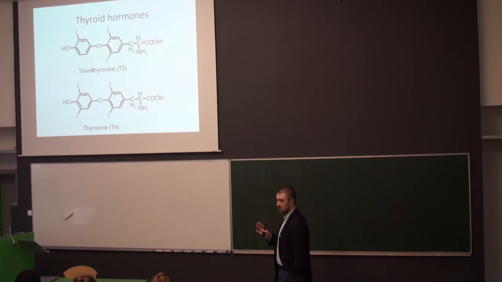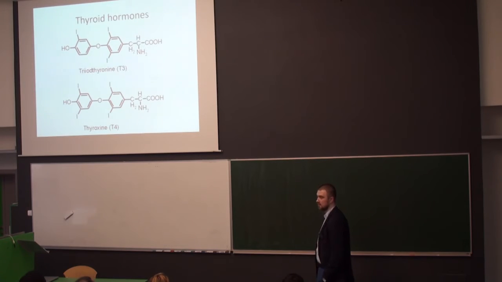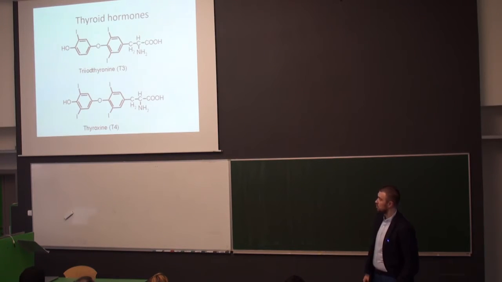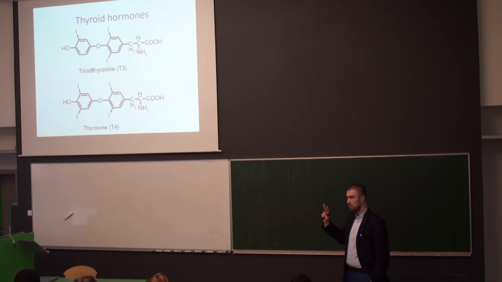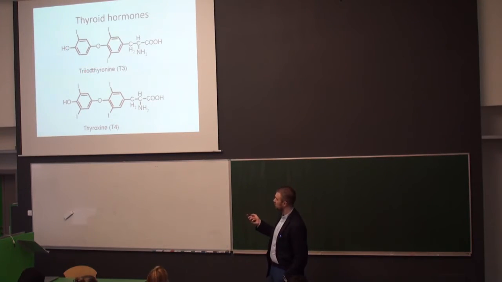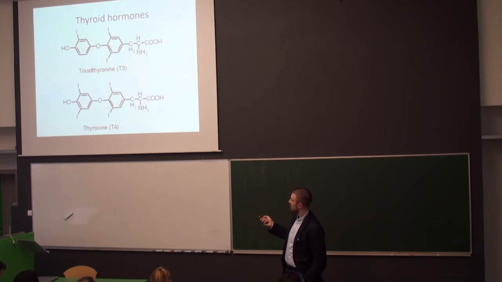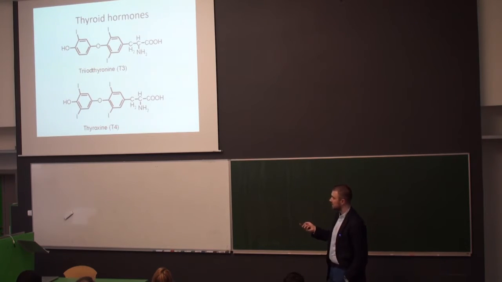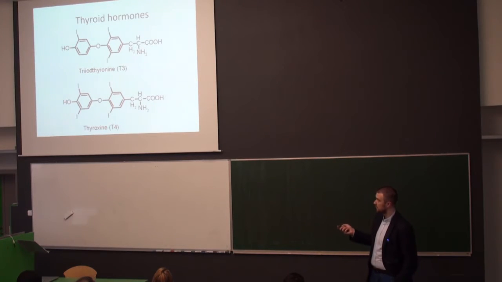What is the last group which we need? Here you still have the carboxy group, therefore this is not a biogenic amine. Catecholamines are amines. There are 2 main thyroid hormones. Triiodothyronine is 1, abbreviated as T3, that means 3 iodines, and thyroxine T4 means 4 iodines.